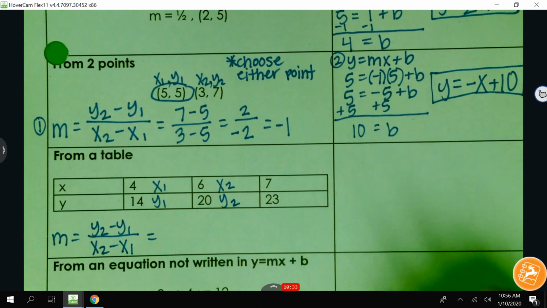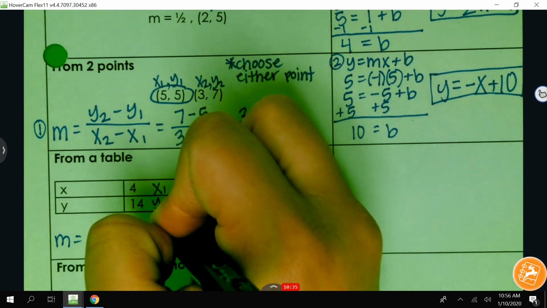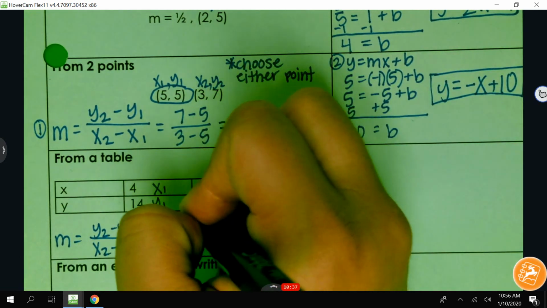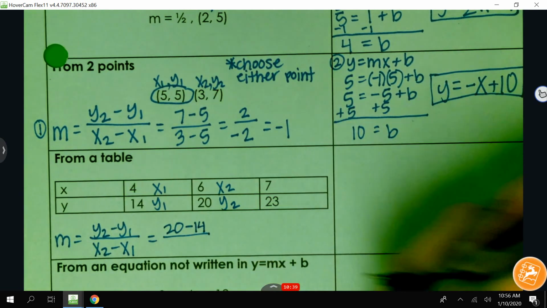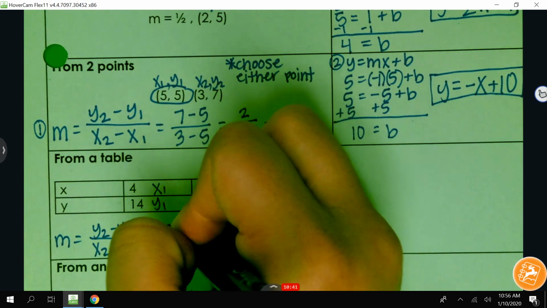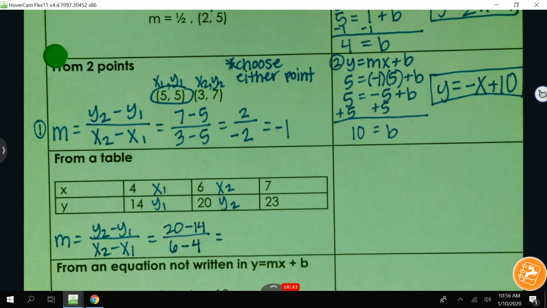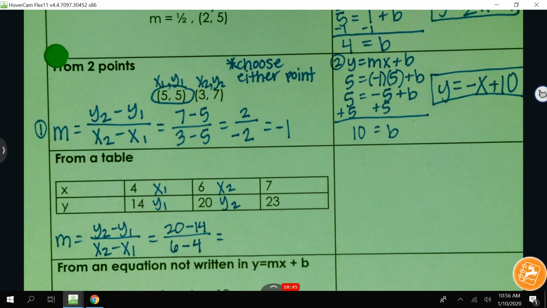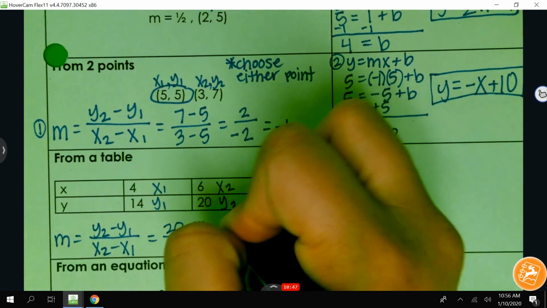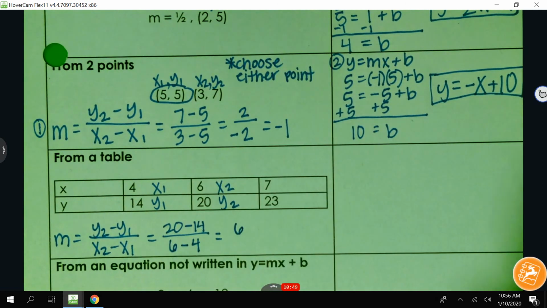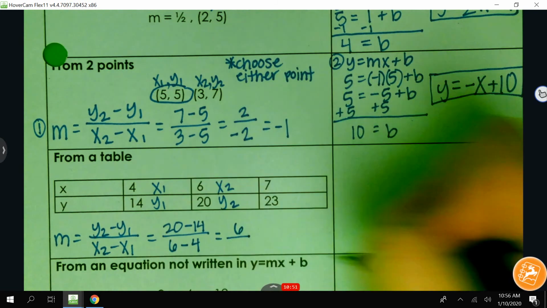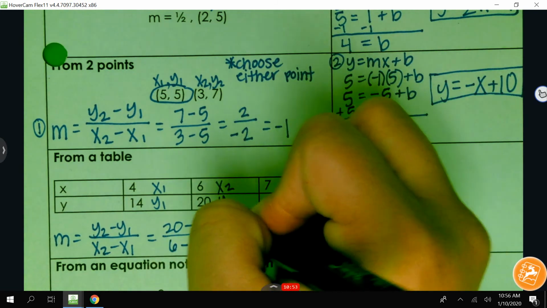So y2 is 20. y1 is 14. x2 is 6. x1 is 4. So then 20 minus 14 gives me 6. 6 minus 4 gives me 2.